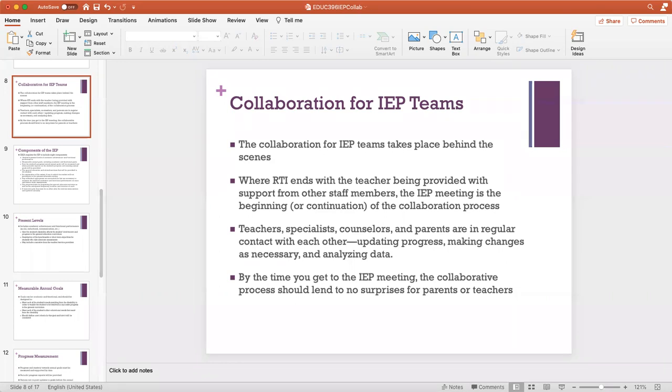So long as the goal isn't changing and the setting isn't changing, there isn't necessarily a need in those situations to reconvene the IEP.